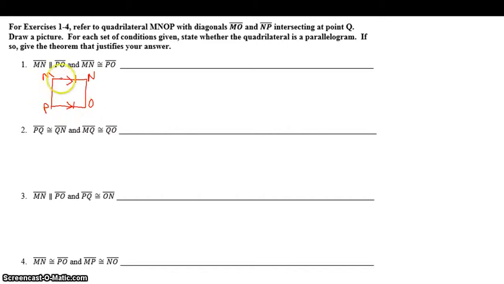So based on those markings, I could have put the diagonals in if I wanted to, but I didn't need them here, because where they intersect is point Q, and I didn't have anything about point Q here, so that's why I didn't draw them in.